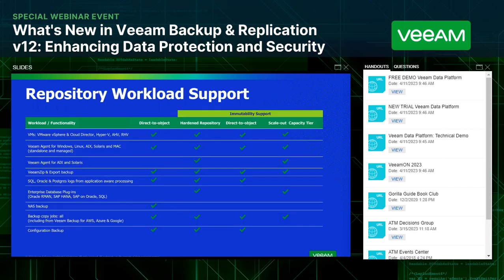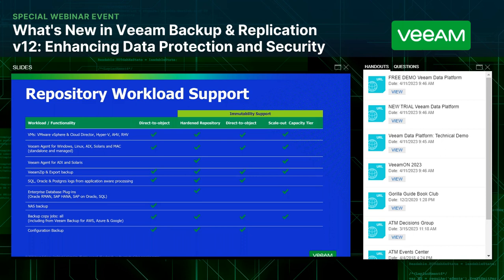So I won't read through this entire slide. It's really meant to be a bit of a cheat sheet with regards to where and when you can use immutability depending on the type of job. I do want to call out the first column, the direct to object. That's basically saying, yes, you could just write directly to object without immutability.